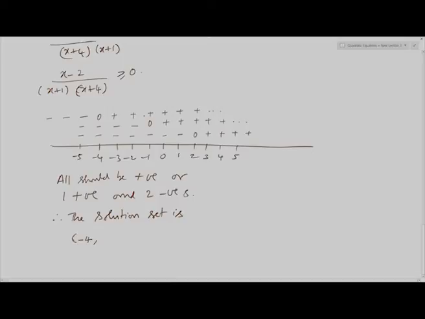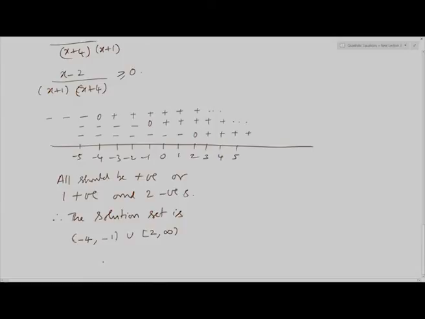At -1 we have only 1 positive, so -1 also should not be included, therefore the interval should be an open interval, union then from 2 to infinity, where we have all positive. So 2 can be included because it is in the numerator, and the inequality is a greater than or equal to inequality. So the complete solution set is the open interval -4 to -1, union 2 to infinity. So this is the complete solution of the given inequality.